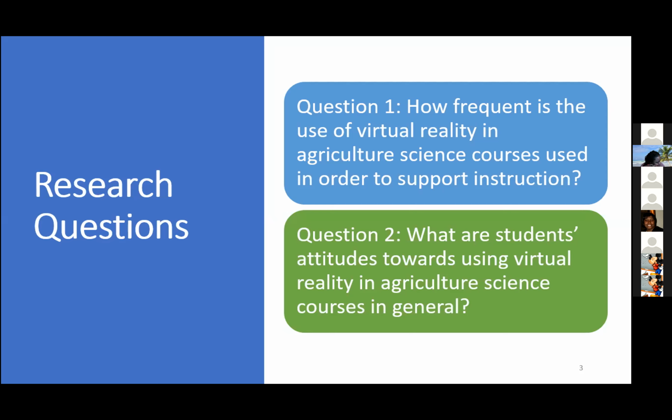So there are different departments, and we are looking at how frequently they are using it in those courses. So once you find out the number, if you find out they use it 30 times, what are you going to do with that number?